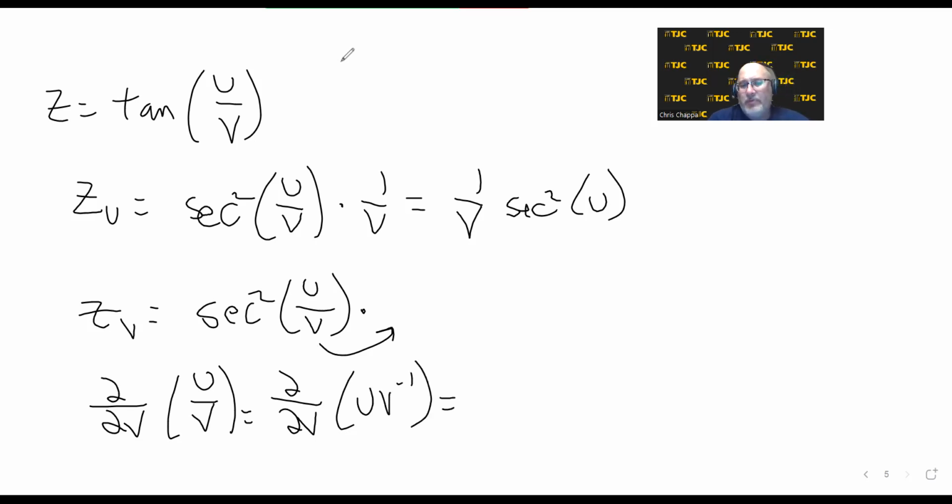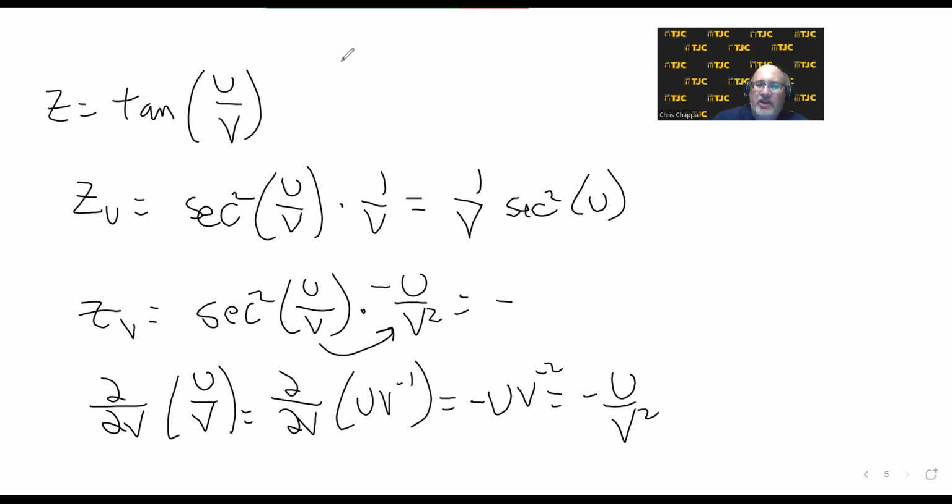U is a constant multiple, so it's going to sit there while we differentiate the v, do the power rule, and get negative u v to the negative 2, which is negative u over v squared. All right, negative u over v squared. There's not much I can do here except possibly put the negative u over v squared in front of the secant squared.